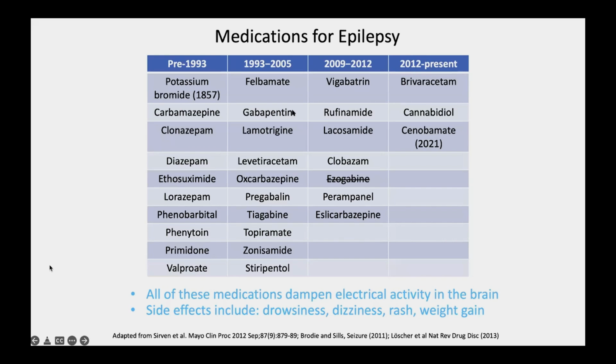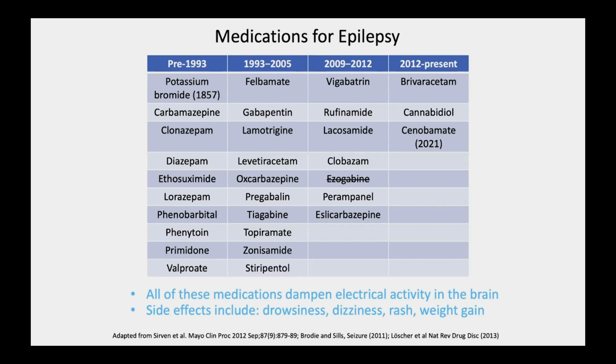Then we had what's called the second generation here, up to 2005. A lot more medicines came on the market. And then we had quite a few more in the third generation, which is from 2009 until now. Even in the last several years, we've had 3 new ones added, including cenobamate just last year. So they all work by dampening or toning down abnormal electrical activity or the excitation.